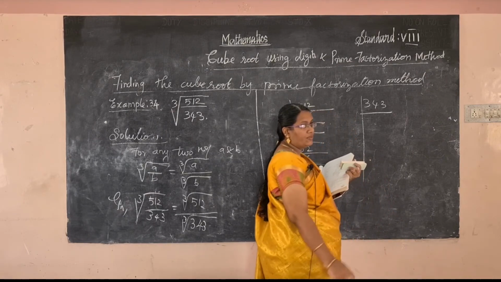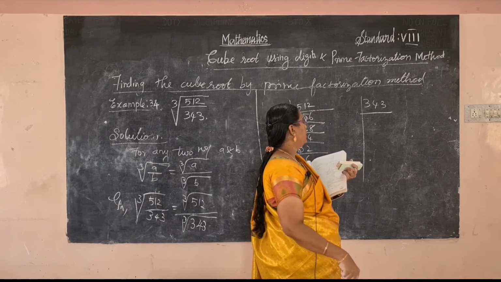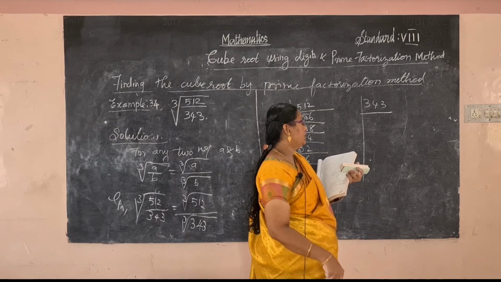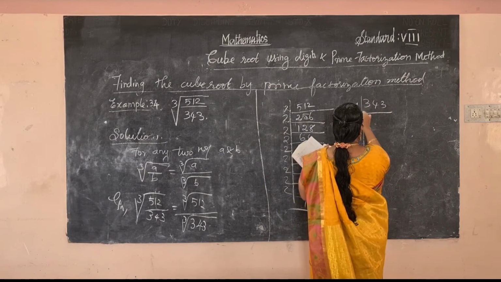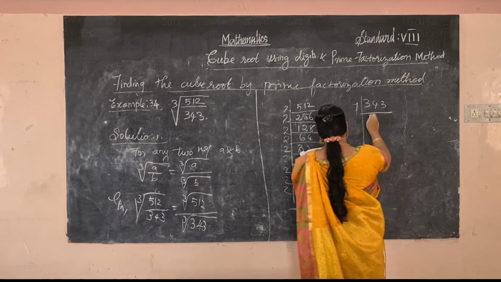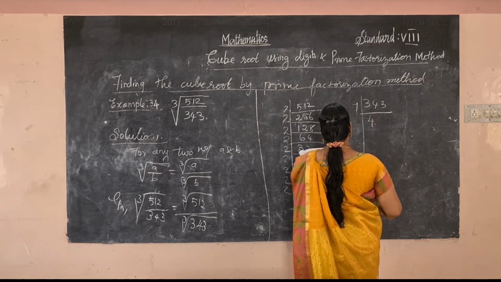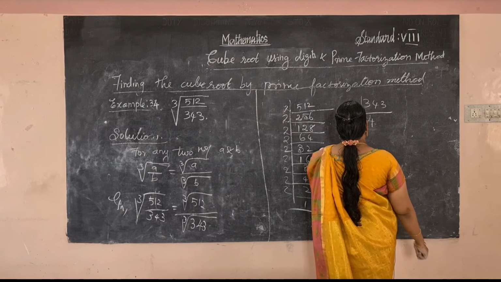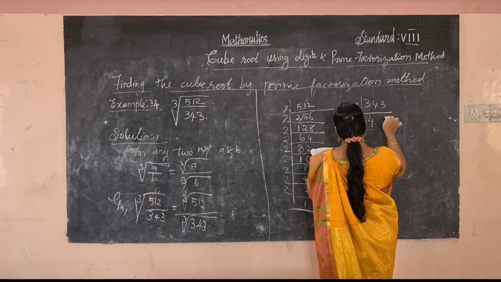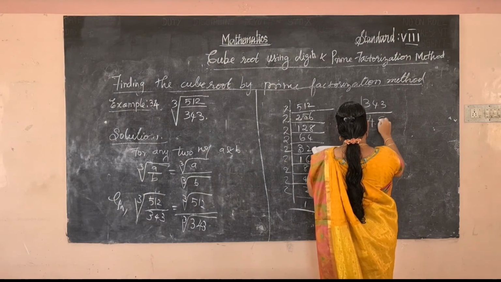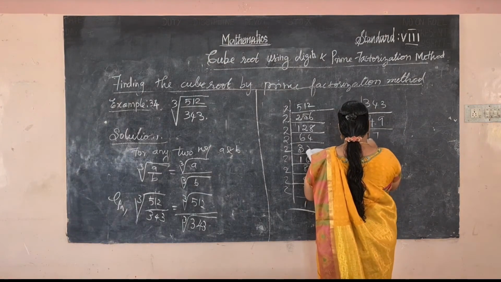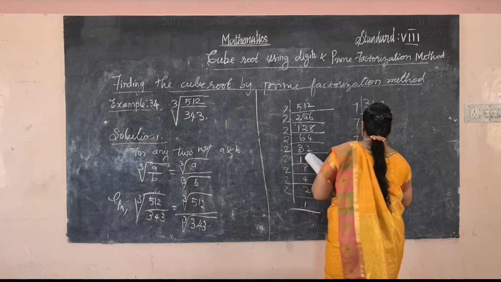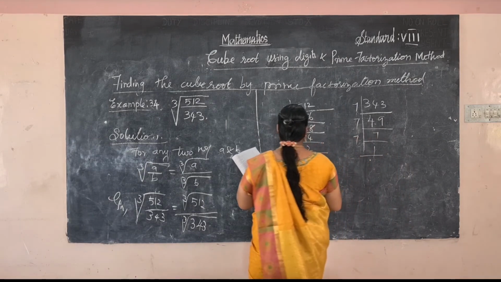It's not possible. 6 table? No. So we will proceed with the 7 table. 7 fours are 28, remaining 6. So 7 nines are 63. Again 7 table, 7 sevens are 49. Again 7, 1. Okay, now write the cube root values.